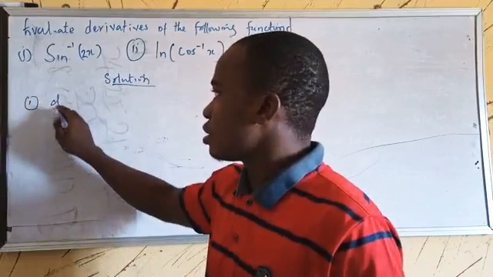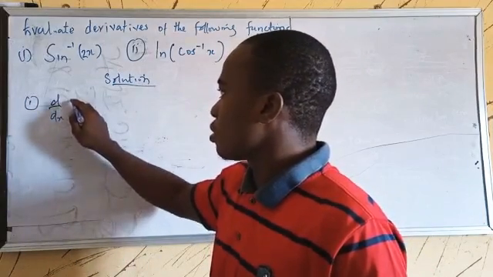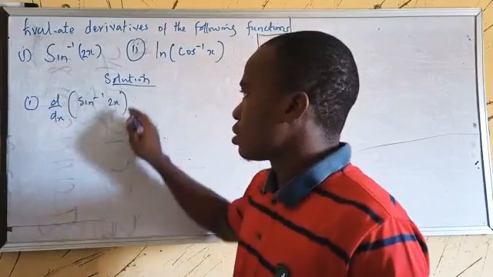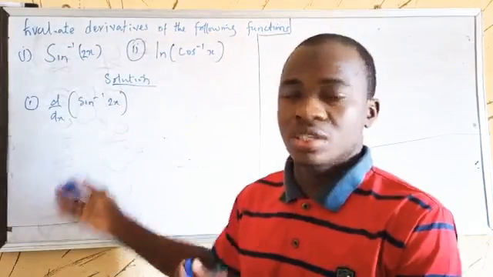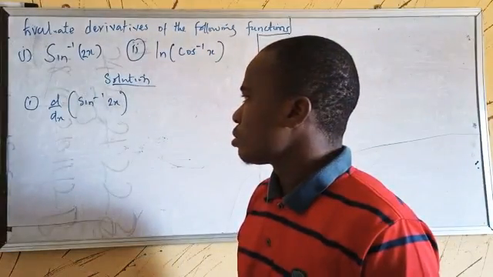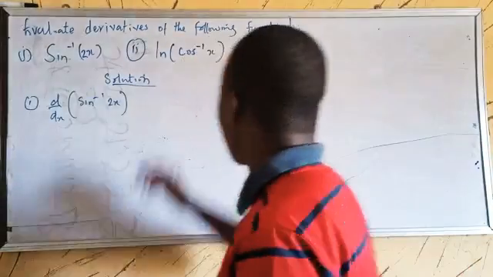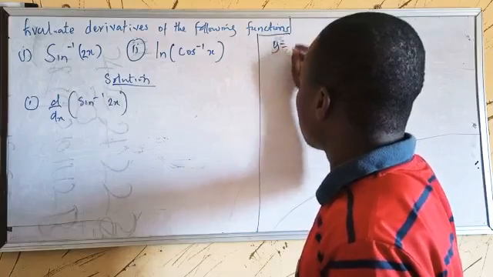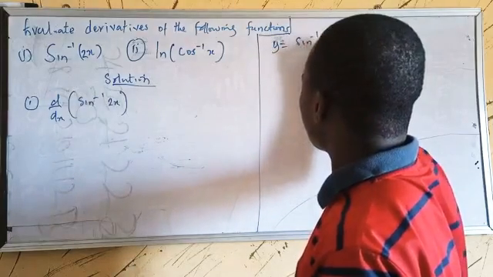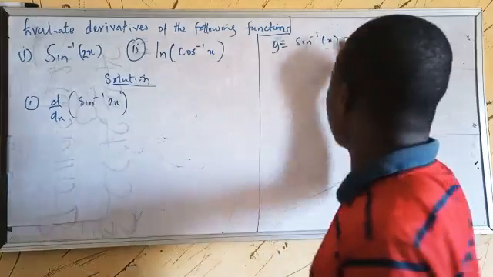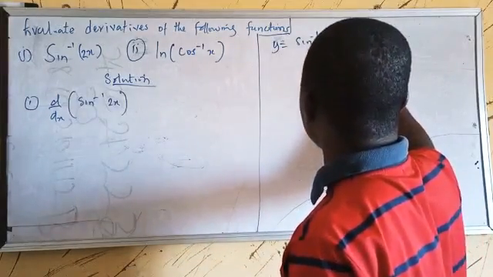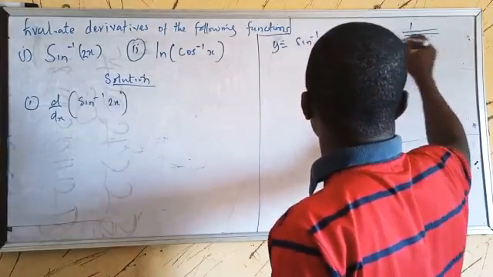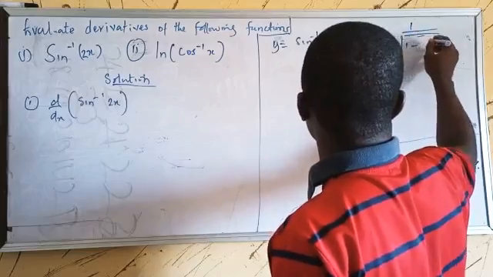The first is to find the differential coefficient of sine inverse 2x. Understand? So what will this be? Let me quickly remind us, if you have y equals sine inverse of x, then from what we did yesterday, dy/dx of this will be 1 over the square root of 1 minus x squared.